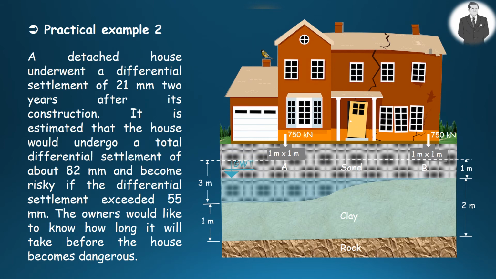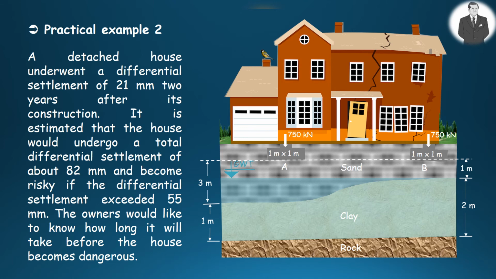Practical example 2. You will remember this example from our earlier lecture about the compressibility of soil as well. A detached house underwent a differential settlement of 21 millimeter 2 years after the completion of its construction.